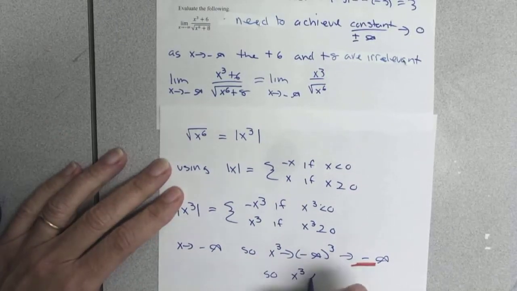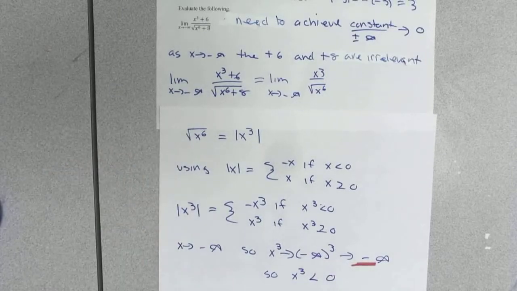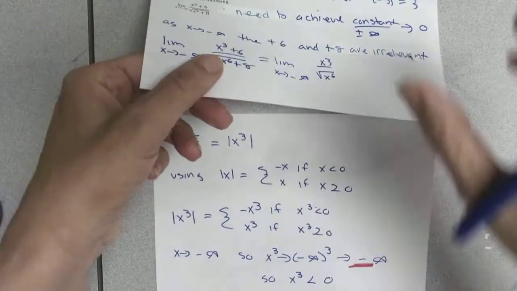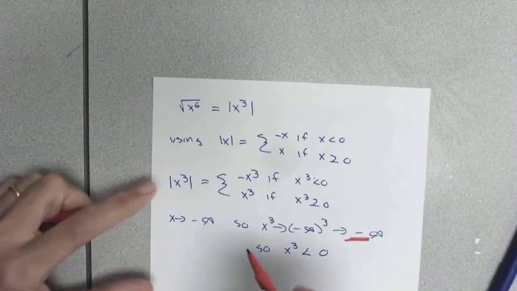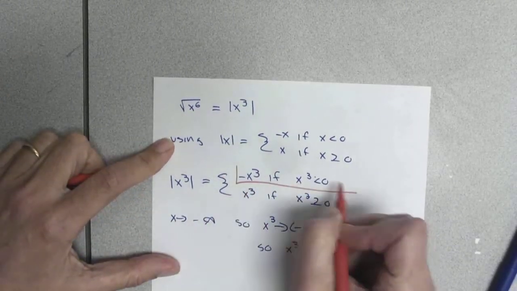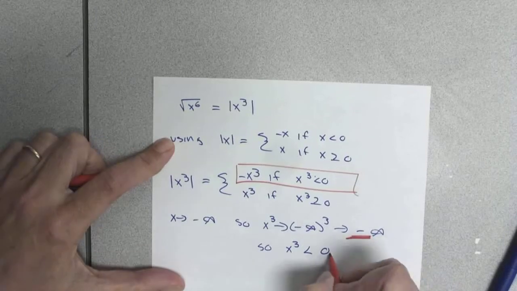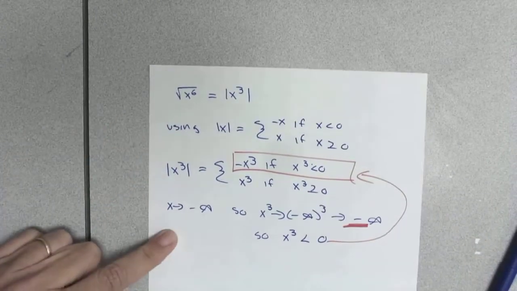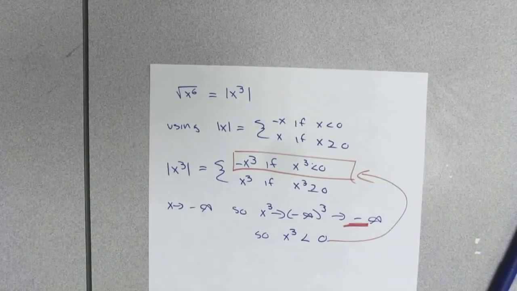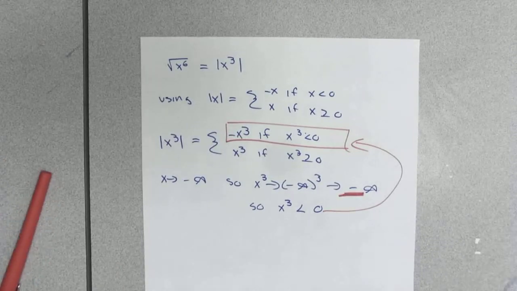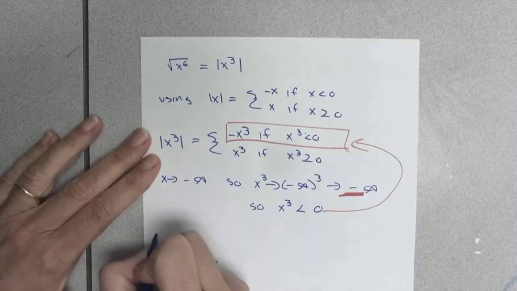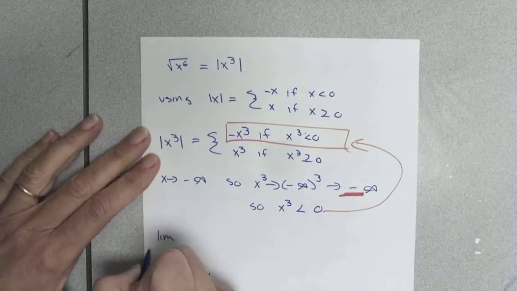So x cubed will be less than 0, which means this: x cubed is less than 0 tells me that the absolute value of x cubed is going to be negative x cubed.